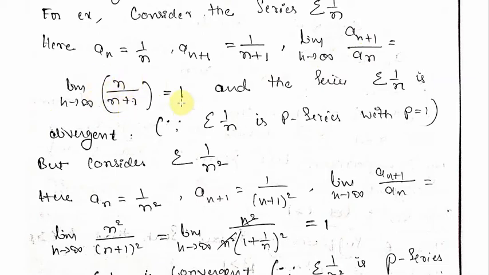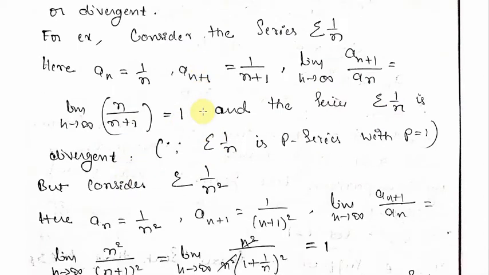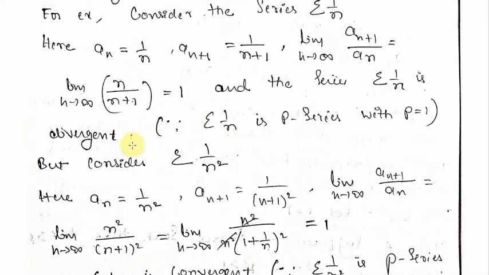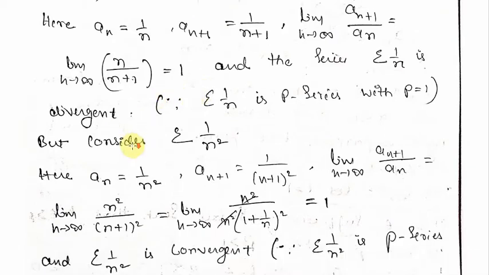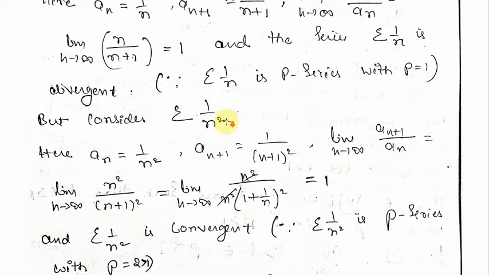Applying limit to this, we get 1. And the series sigma 1 by n is divergent. Here the limit value is 1 and the series is divergent. That is because sigma 1 by n is a p series with p equal to 1, and we know that p series diverges when p is equal to 1.